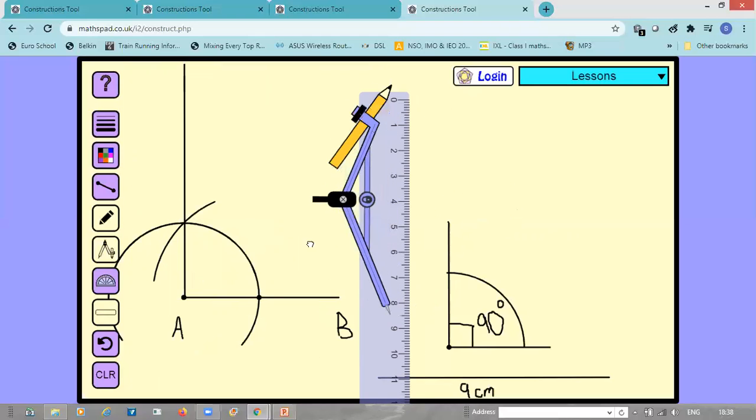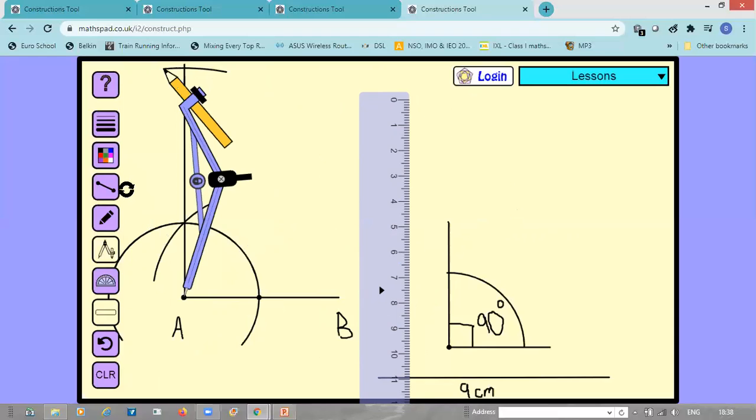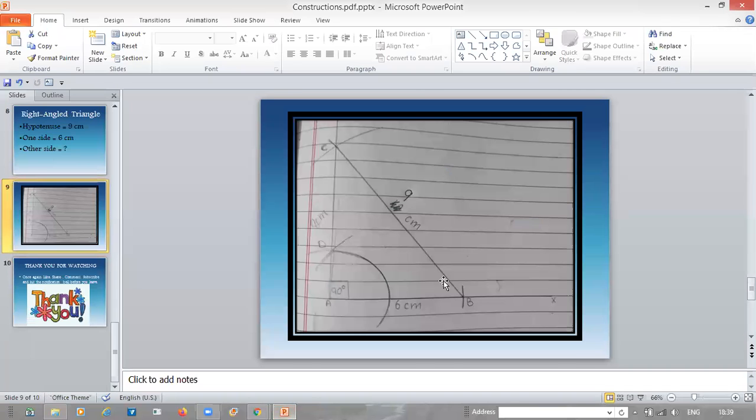Now bring your compass to point A and make an arc through the line. As you can see, there is a point of intersection. Now join this point, which is, I will say, point C, to point B, and this will be our final product.